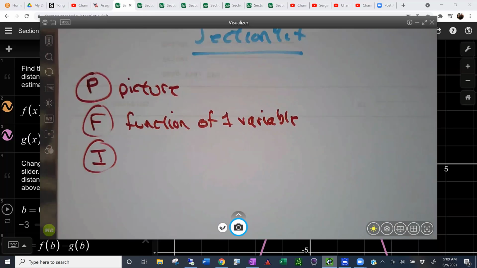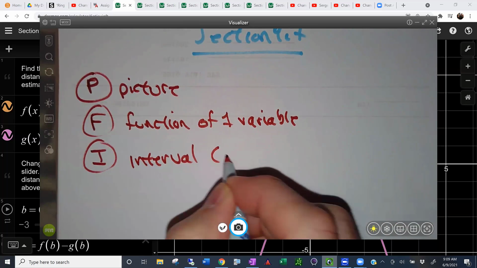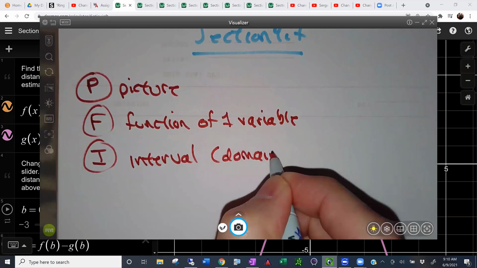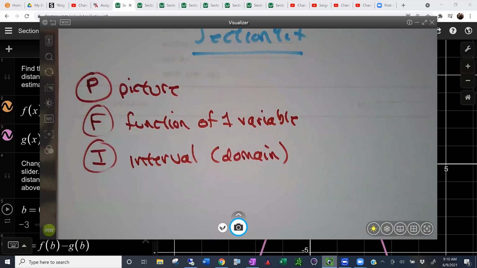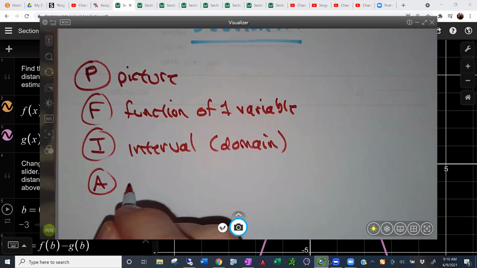Next, you want to consider the actual problem and see if there's some interval over which it's defined. You can also kind of think of that as the domain for the problem. So picture, function, interval, and last but not least, in pretty much every problem that you do for me in this class, there should be some calculus. In this case, it's the analysis.